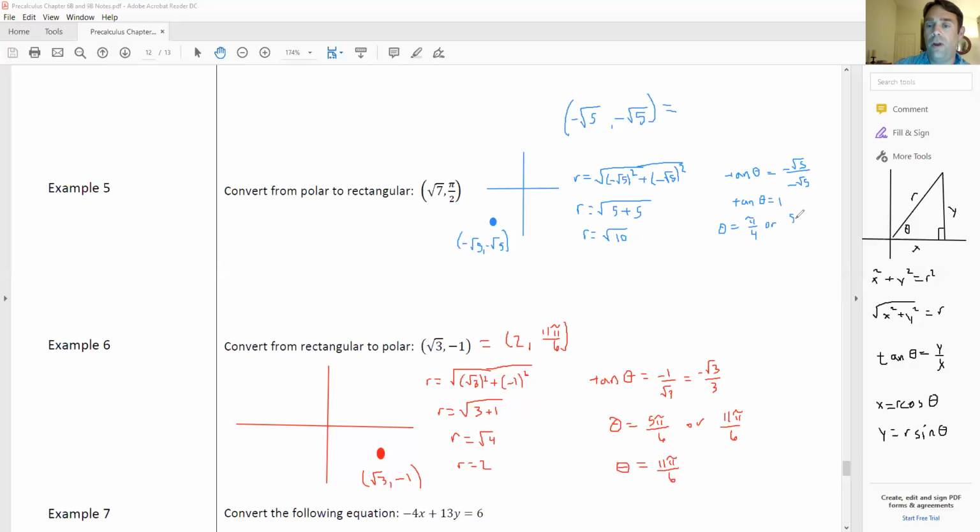That's why we always graph it, so we look at our graph to make sure we know exactly which one we want. In this case, we want 5 pi over 4. So we plug it in here, and in polar form this would have been (root 10, 5 pi over 4).